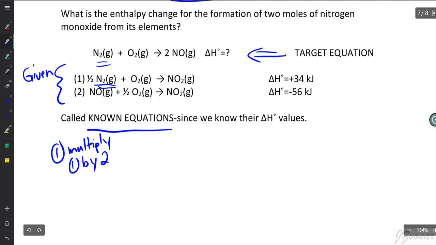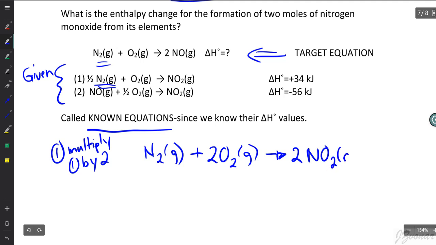I multiply that whole equation by 2, leaving me with N2 plus 2 oxygens makes 2 NO2s on the product side.